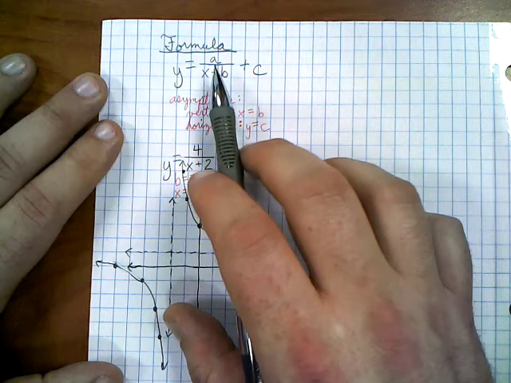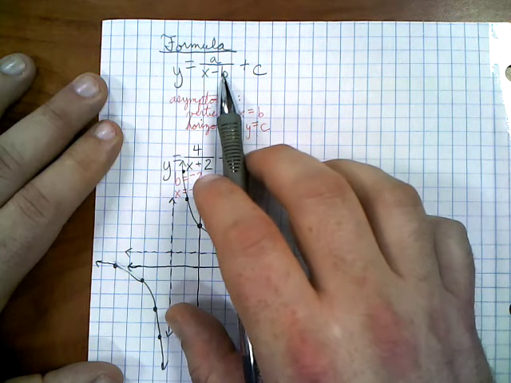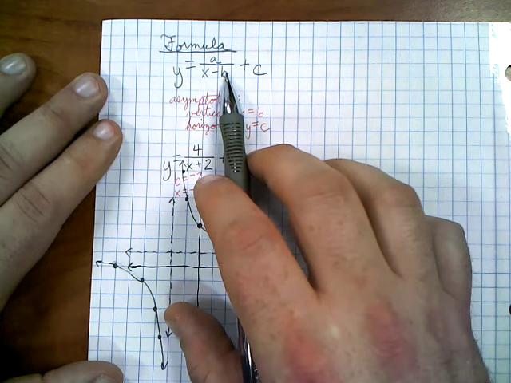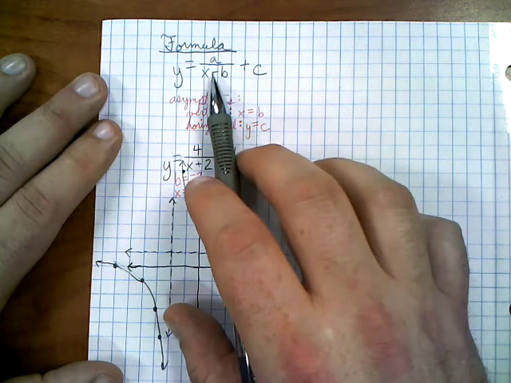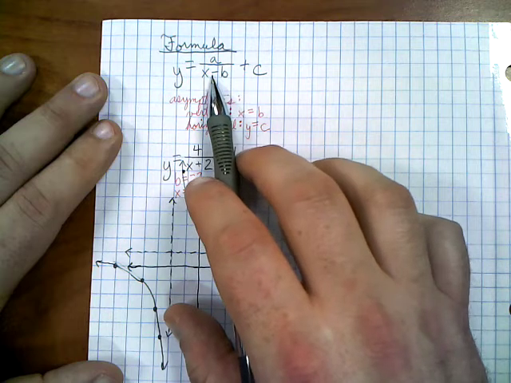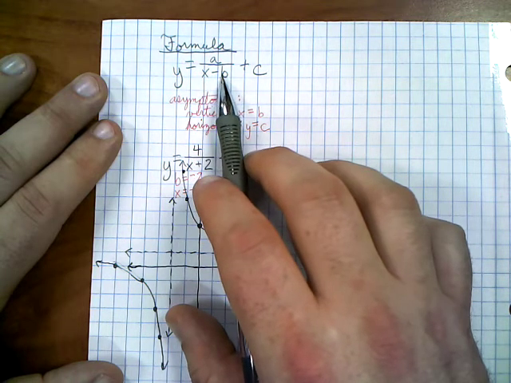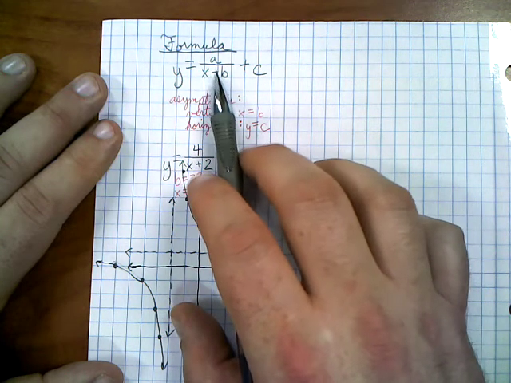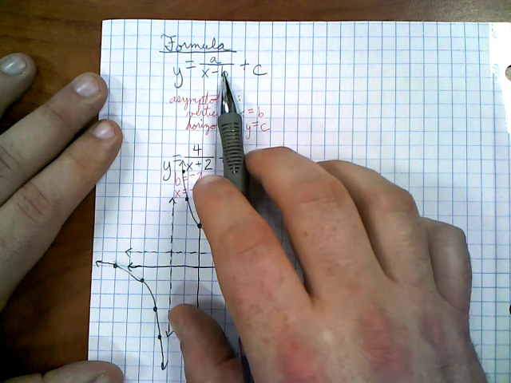So if we see a minus 2, we know that b really is 2. But if I see a plus 2, then we need to think of that as subtraction. So plus 2 would be the same as minus a negative 2. So b would actually be negative 2 in that case. We got to think of this as subtraction to find the value of b.